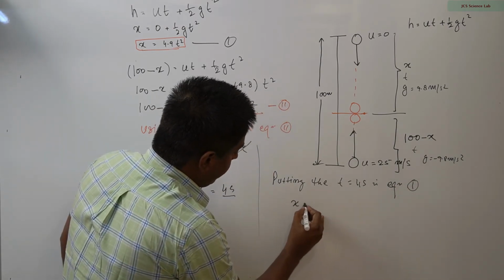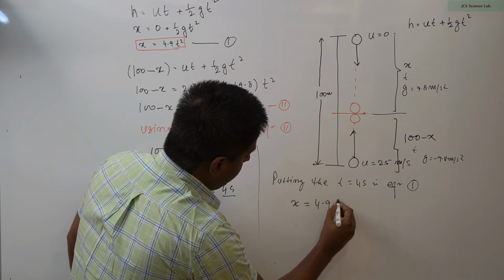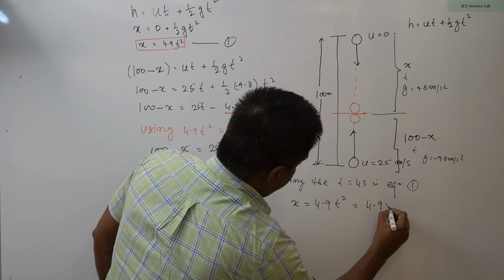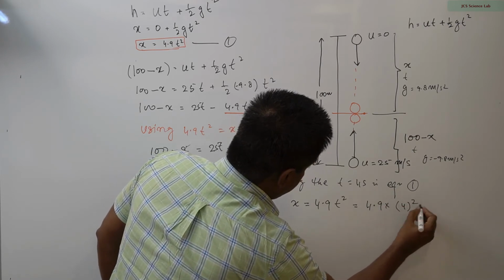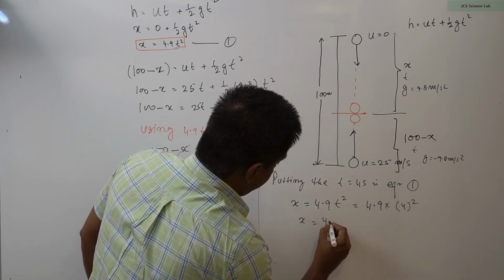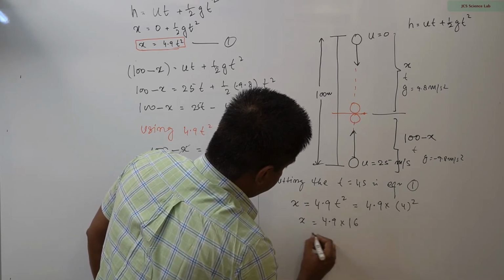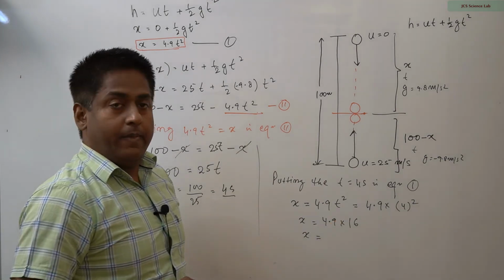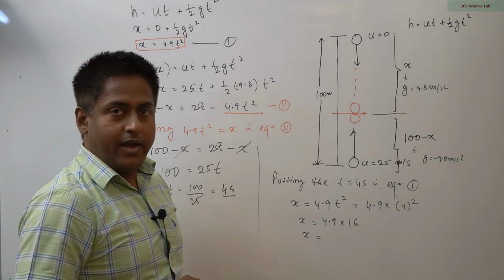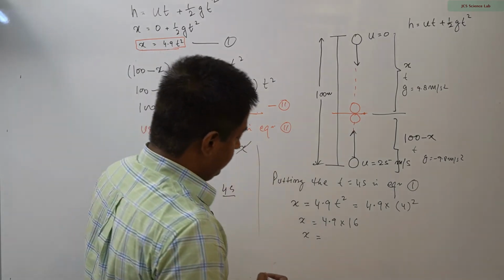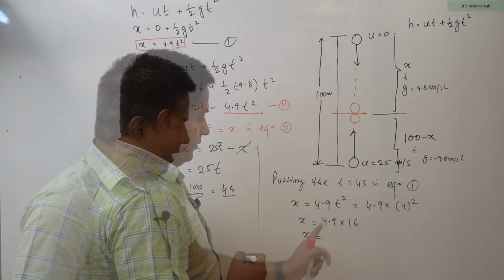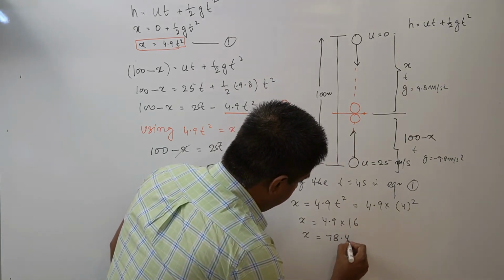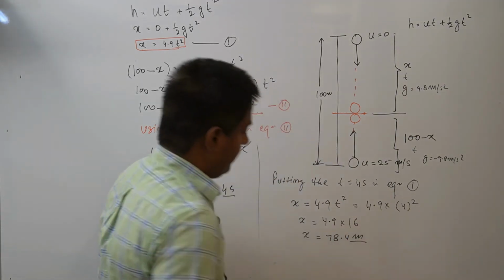So equation 1 is x is equal to 4.9 t square, which is equal to 4.9 into square of 4. So x is equal to 4.9 into 16, and we find this height, and that value is 78.4 meter.